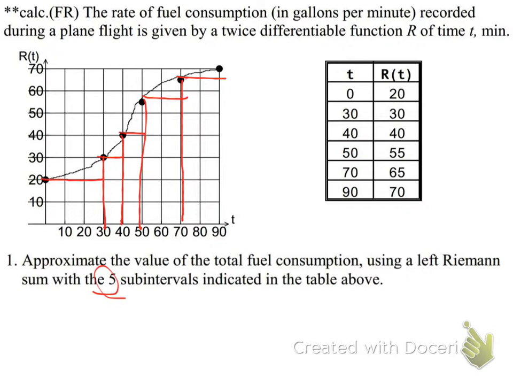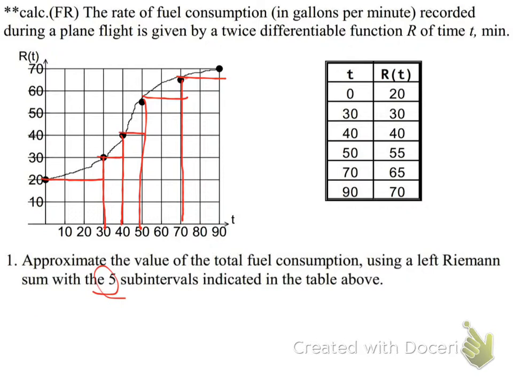And they're getting this information from this table right here. All right, so I am going to approximate the area under this curve by taking shapes that I can deal with, which are the rectangles, finding those areas, and then adding them together.